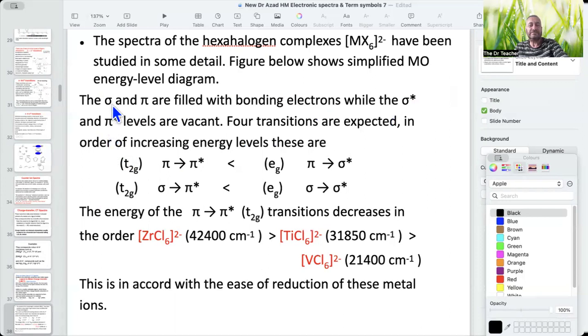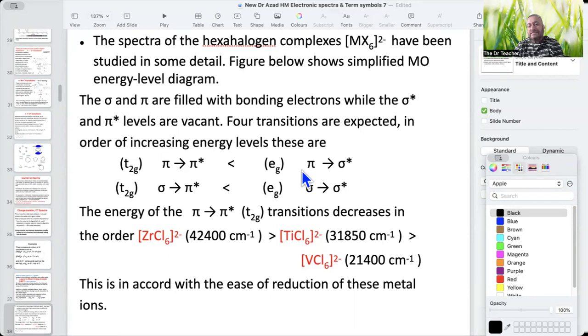With sigma star and pi star, you expect transitions either pi to pi star, this is from the t2g, or sigma to sigma star.